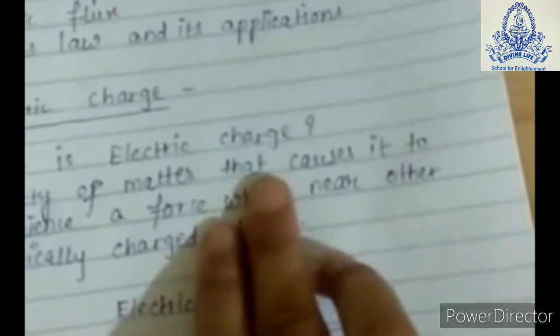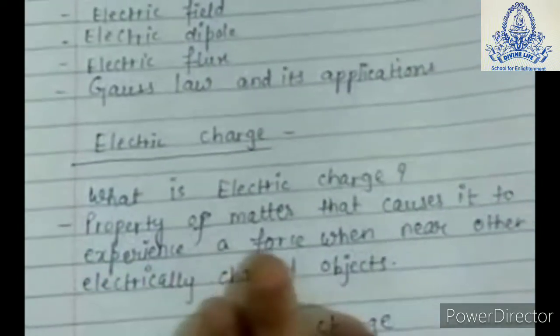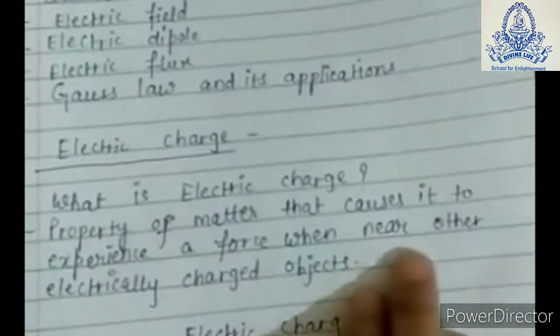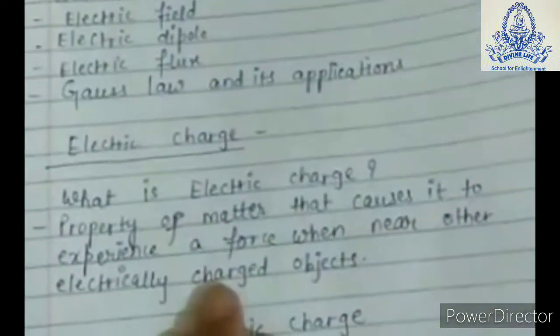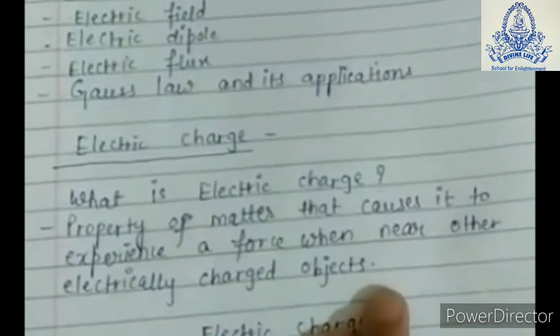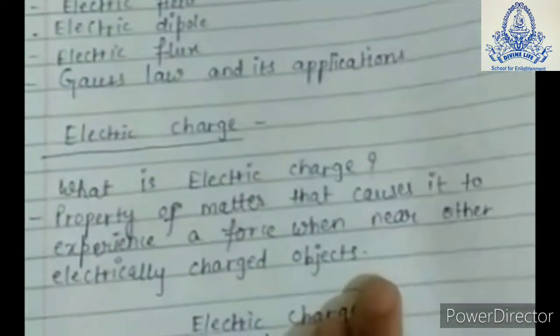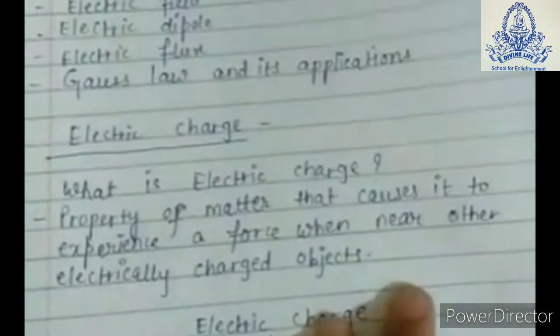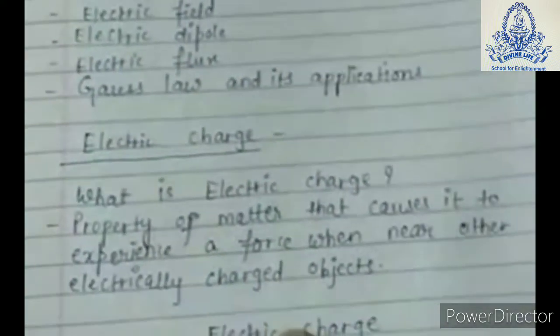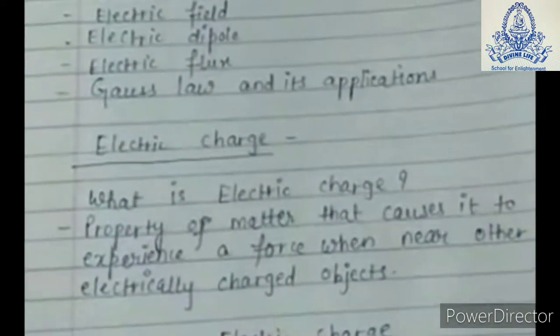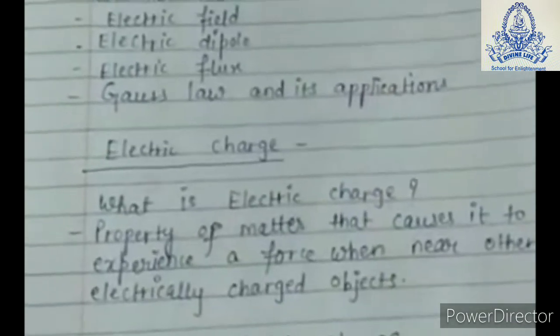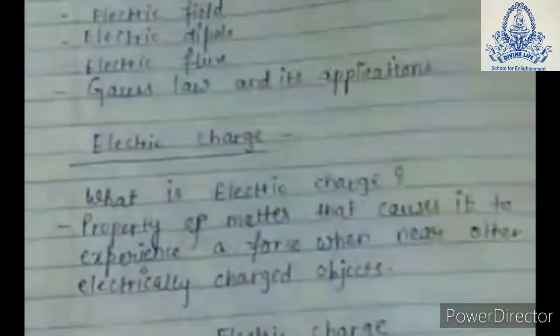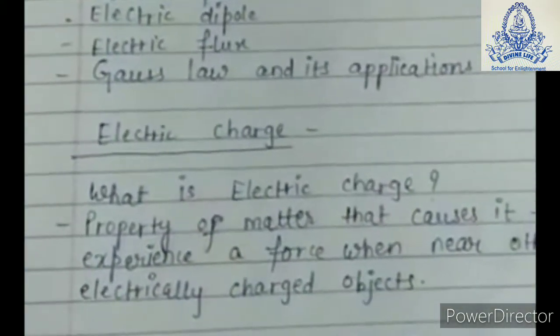Electric charge is a property of matter that causes it to experience a force when near other electrically charged objects. So how can I define charge? It is nothing external. It is basically a property of matter, right? What is matter? That we see around us.